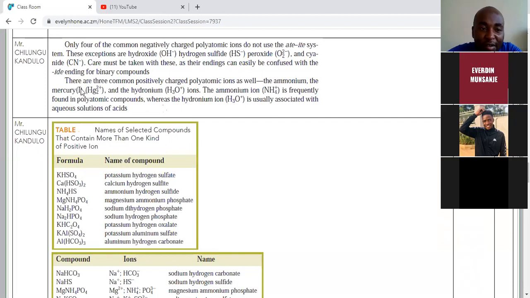So you find you have Hg2 and then Cl2. So it's mercury 1 chloride. But when you look at it, you treat the mercury as a single entity with a charge of 2 plus. So these are the things.